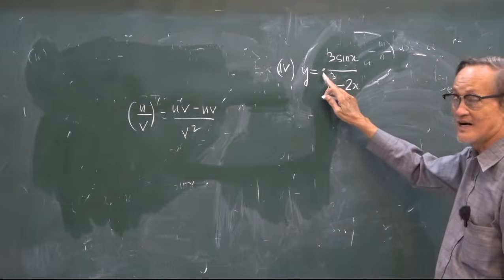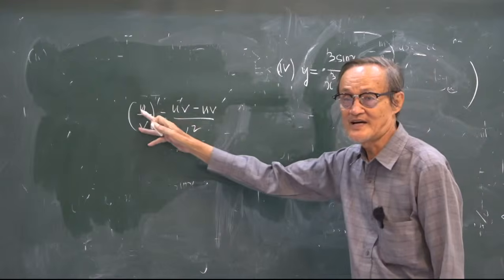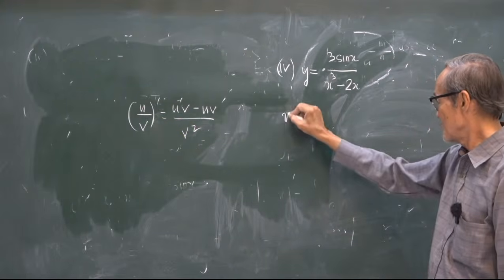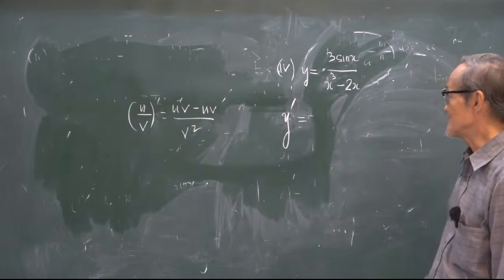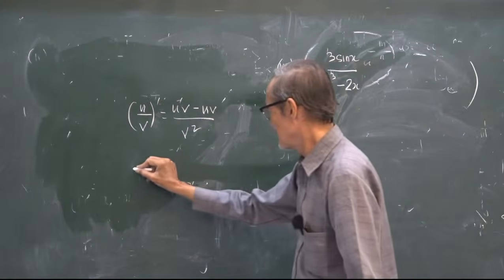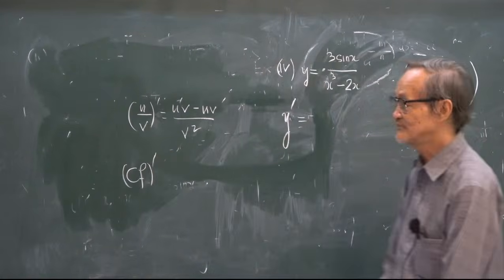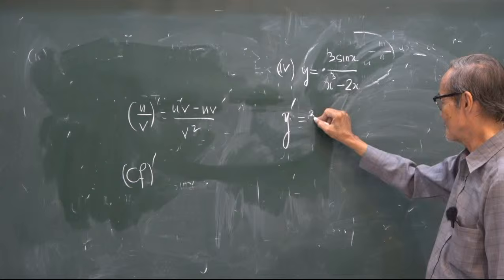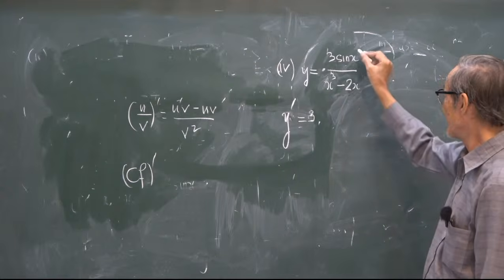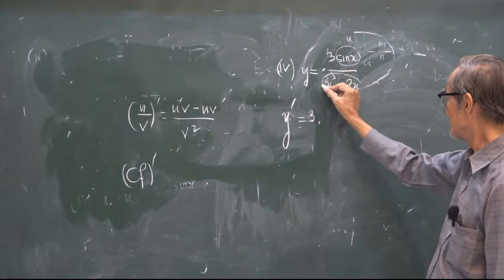The final operation is the formula. Y prime equals 3, c f, here U and here V.